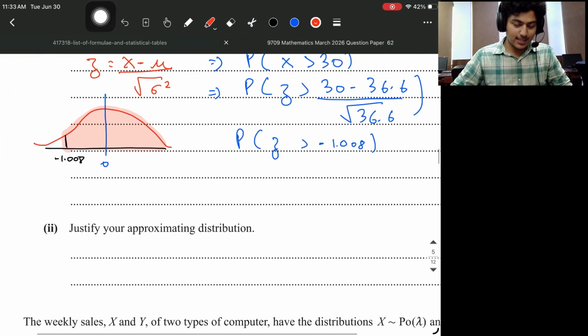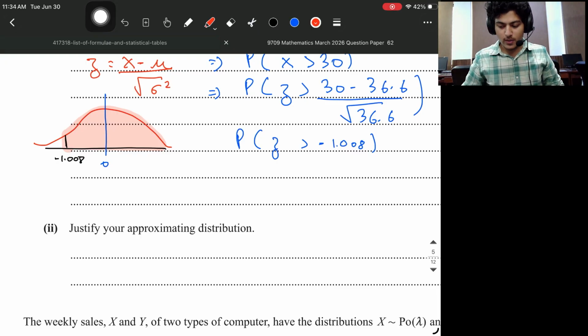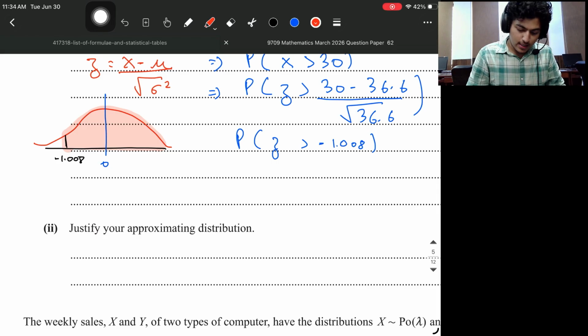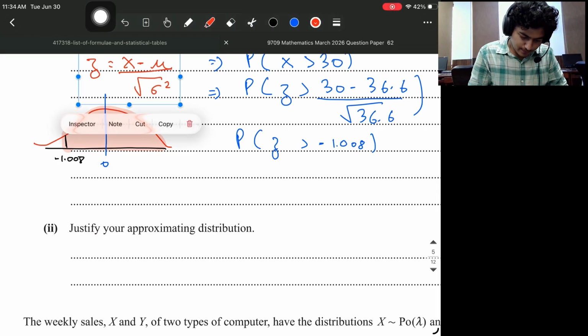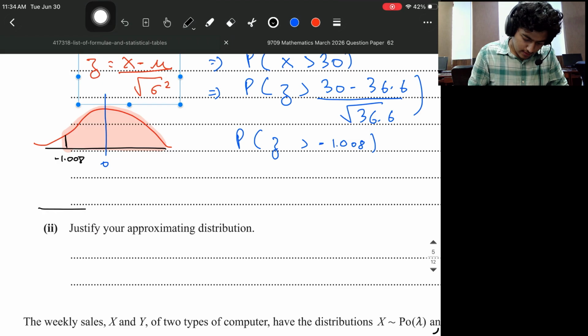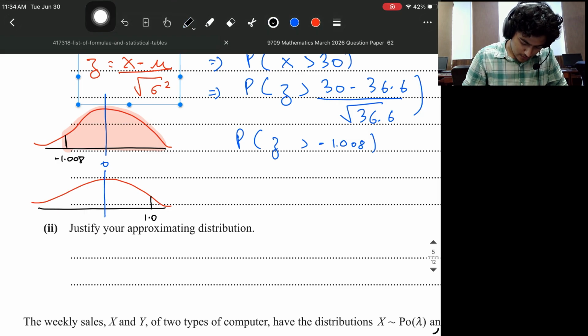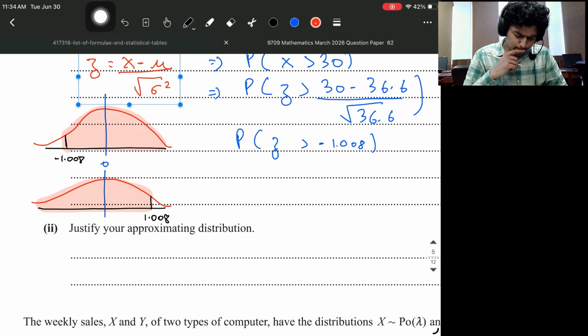So do not fret. The normal distribution table has one distinct property, and that is that it is a mirror image of itself, right? So if we look carefully over here and mirror this, we can find the value of less than 1.008.